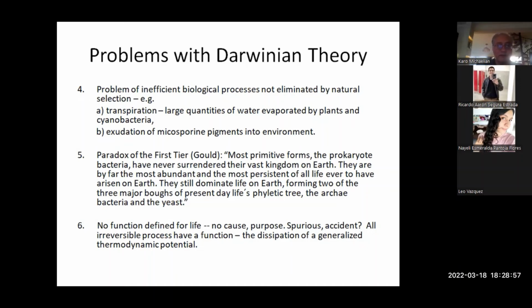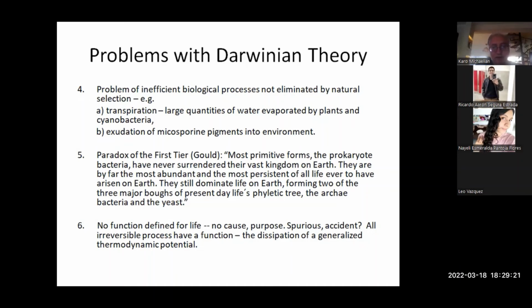Another problem is that there is no function defined for life. For example, there's no cause, no purpose. So what was it? Was it a spurious accident? We know from the thermodynamic point of view that all irreversible processes indeed have a function, and that is the dissipation of a generalized thermodynamic potential.